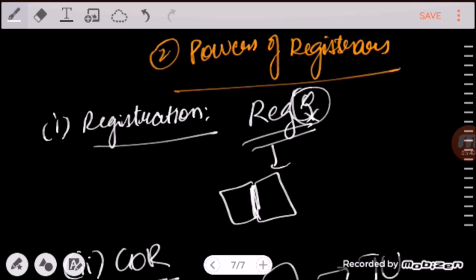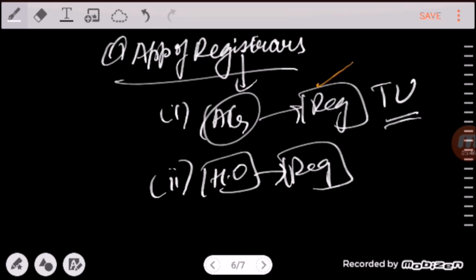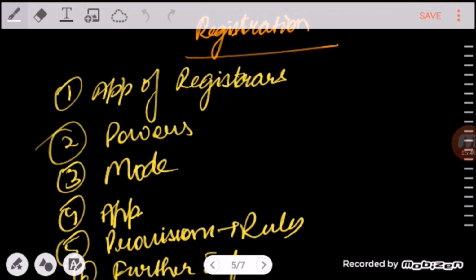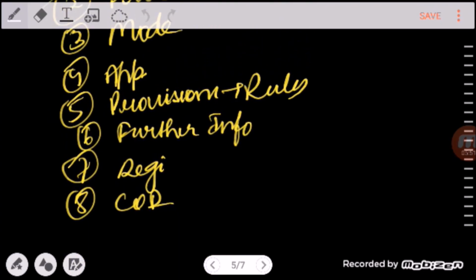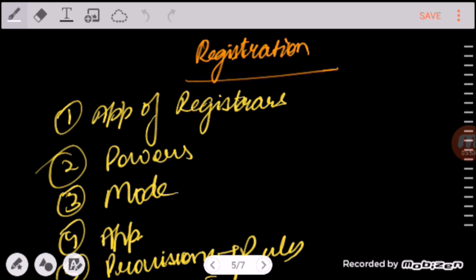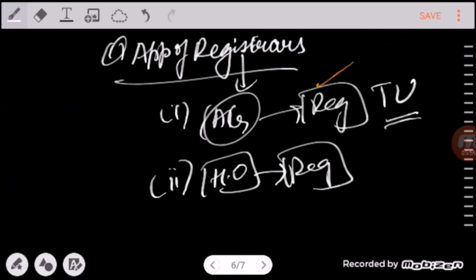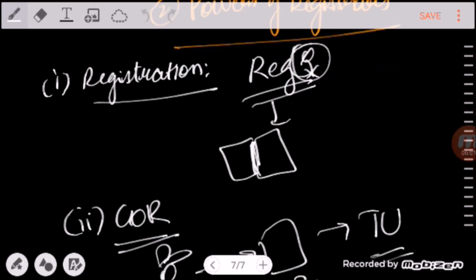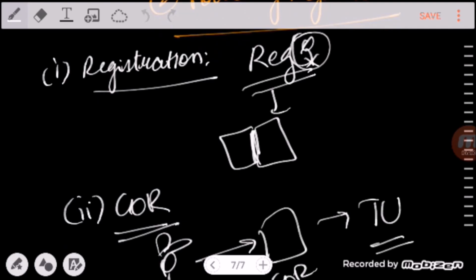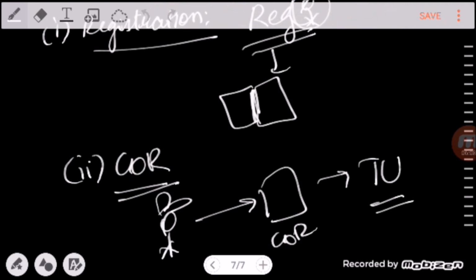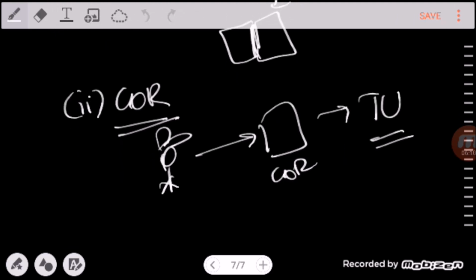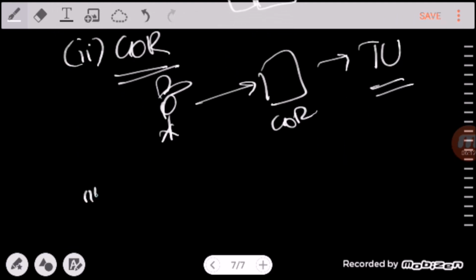I repeat, registration of trade unions, we are dividing the process into 8 parts. First is appointment of registrars, and the second one is powers of registrars. In the powers of registrar, we have already discussed the power to register, then issue certificate of registration. The third one is cancellation of registration.